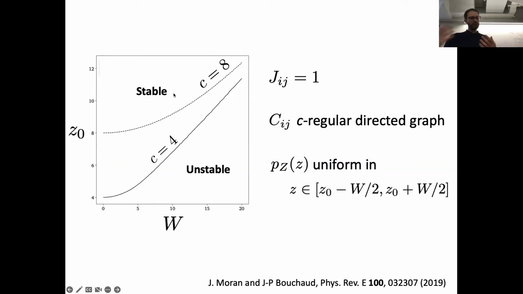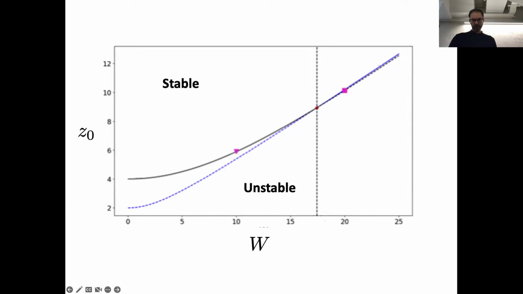Then they have this numerical diagram, from the Moran and Bouchaud paper, with this numerical solution. The point is that you can almost immediately apply our results to this model to obtain analytical expressions.